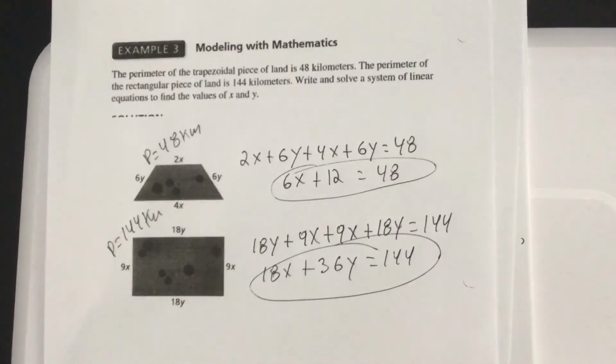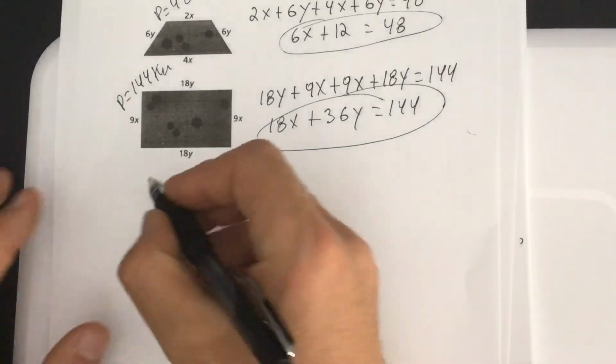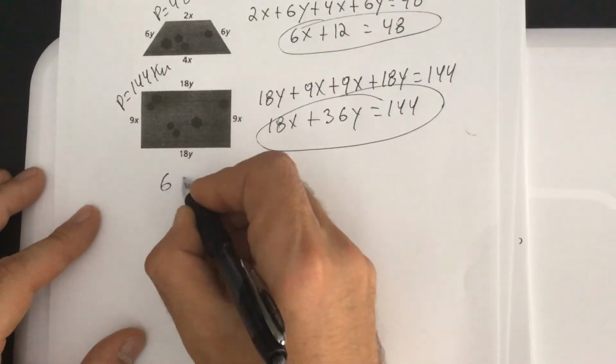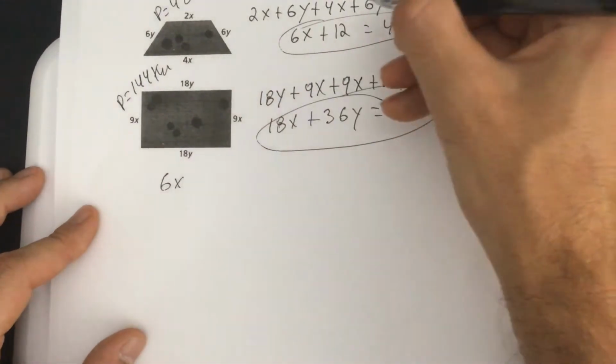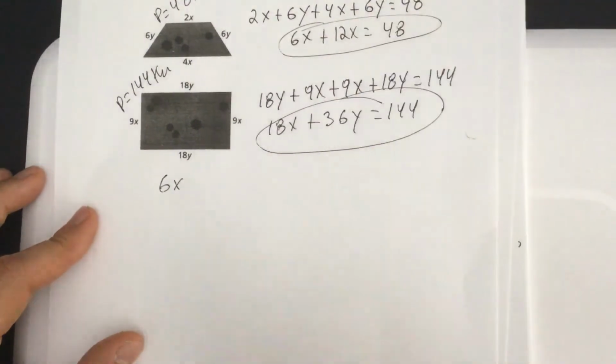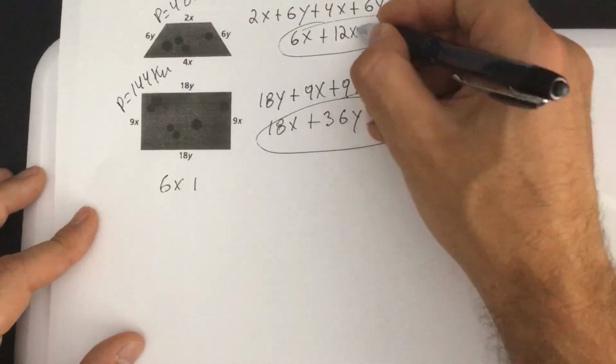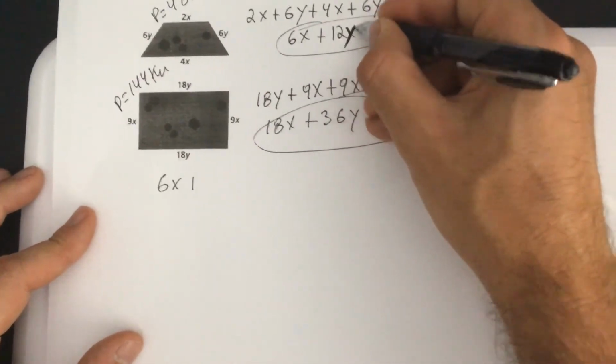Now it's all about solving it. So I'm going to move it up here so we can solve the equation. Remember, we got 6x and 12y.